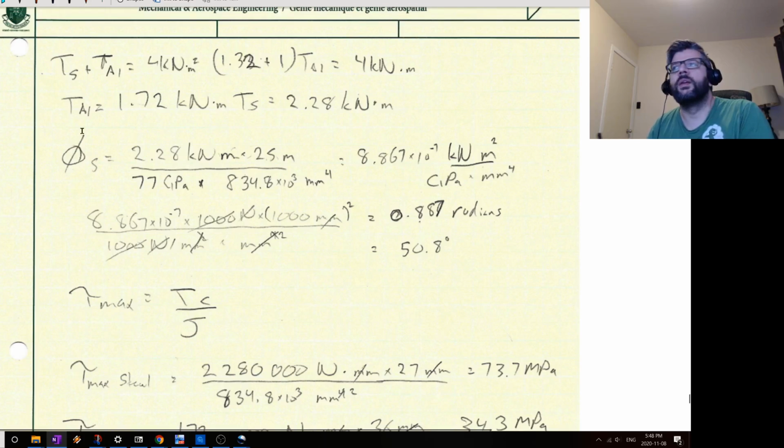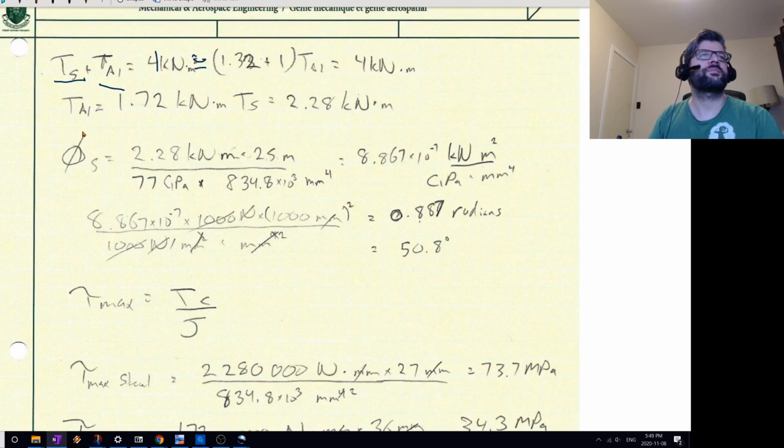So the torque for the steel plus the torque for the aluminum needs to equal the 4 kilonewton meters, and that's not a square sign, that's supposed to be an equal sign there. So 1.32 plus 1, in brackets, times the torque in the aluminum is equal to the 4.